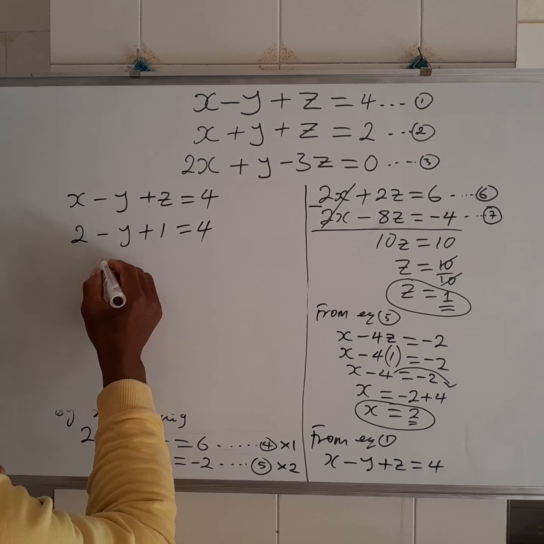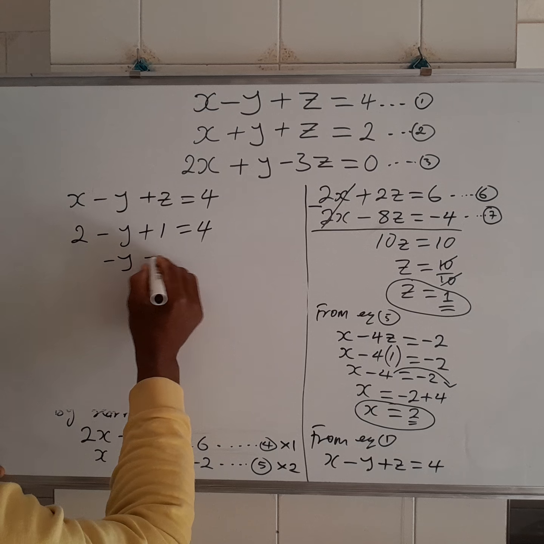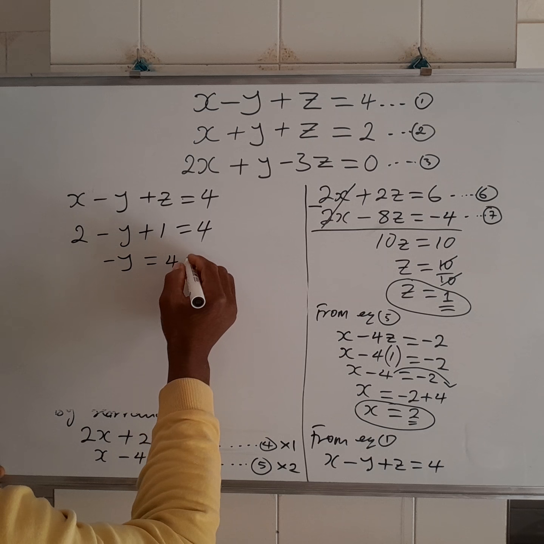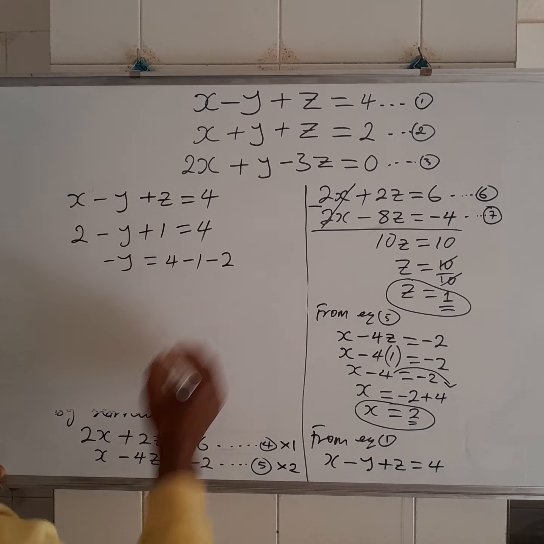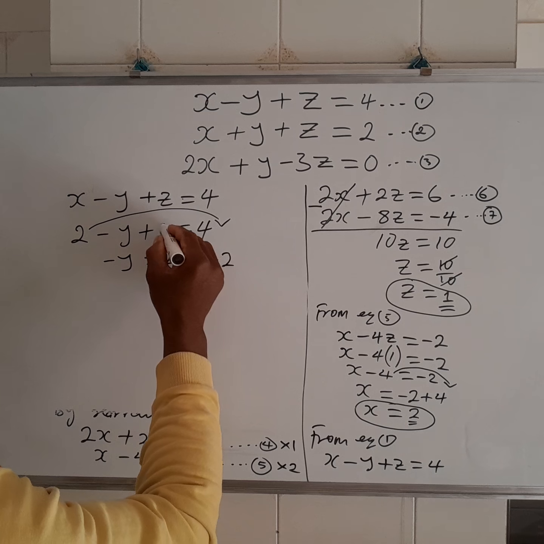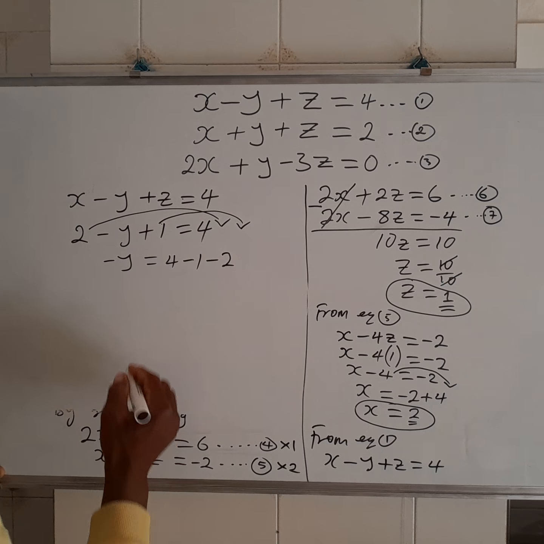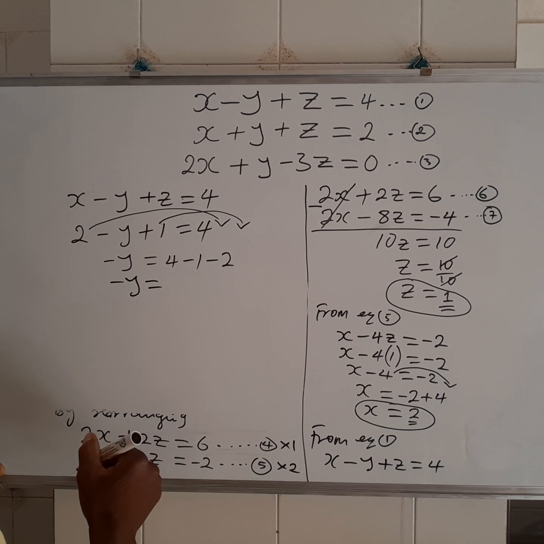So we collect like terms. We have minus y equals 4 minus 1 minus 2, because all these have to go this side. So from here we have minus y is equal to what?